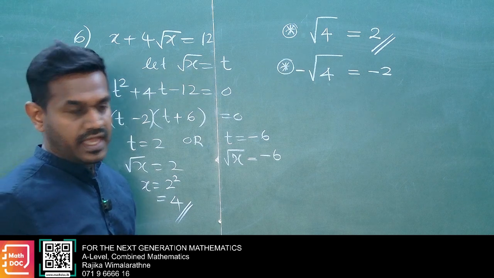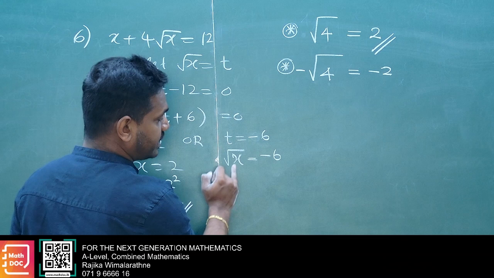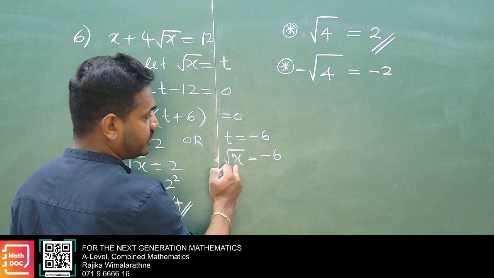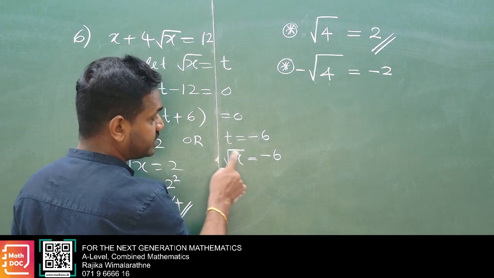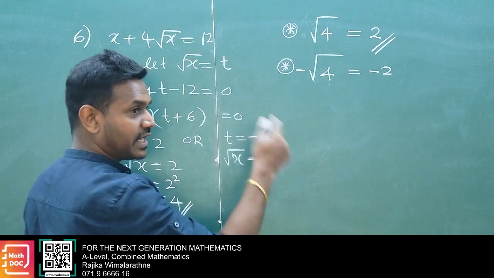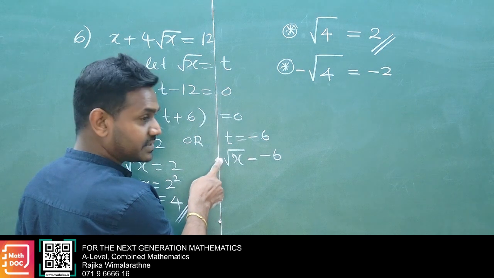Value 4. And there's a special thing here. If you put here 36, then you can get 6, but not minus 6, because the sign here is plus, no?